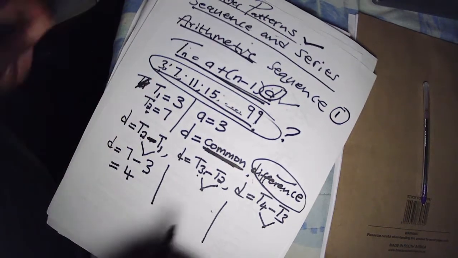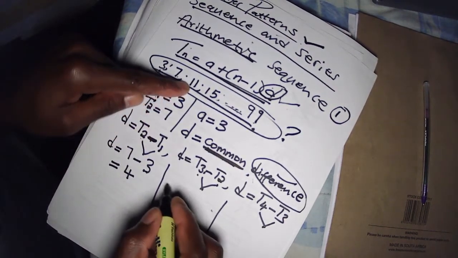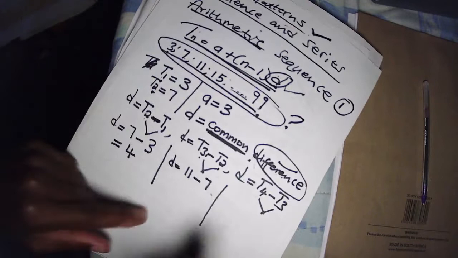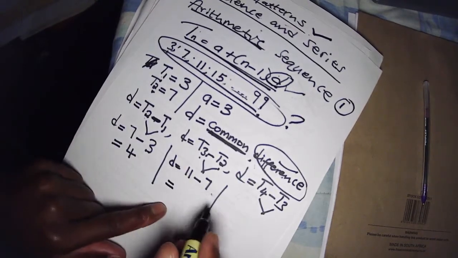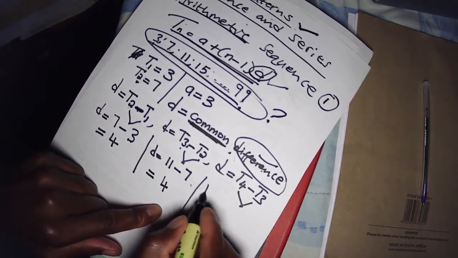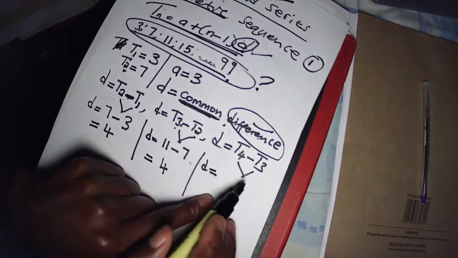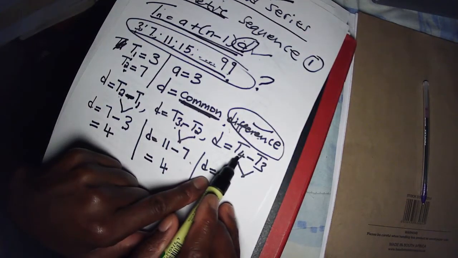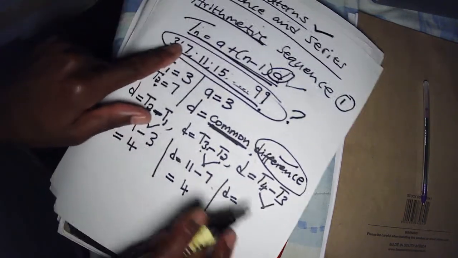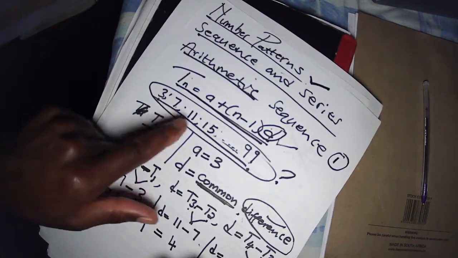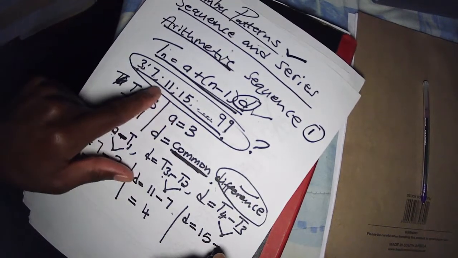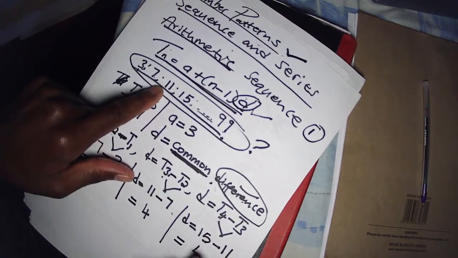T3 is term number 3, which is 11. 11 subtracting 7, if you subtract 7 from 11, we get a 4. Let us do it one more time. Look at T4. T4 is term number 4, which is 15. You subtract 11, and we still get the same answer.